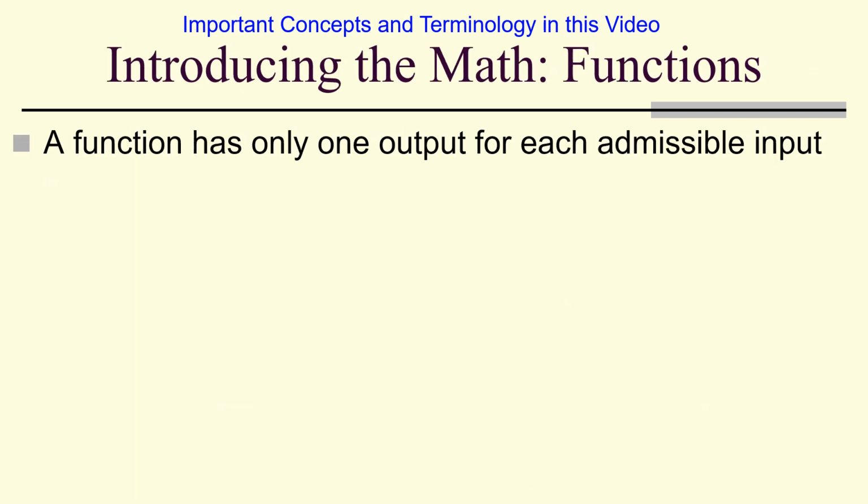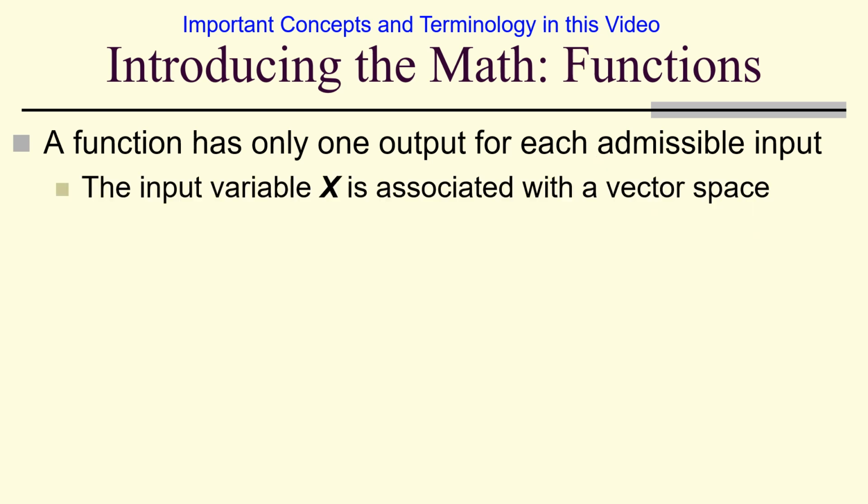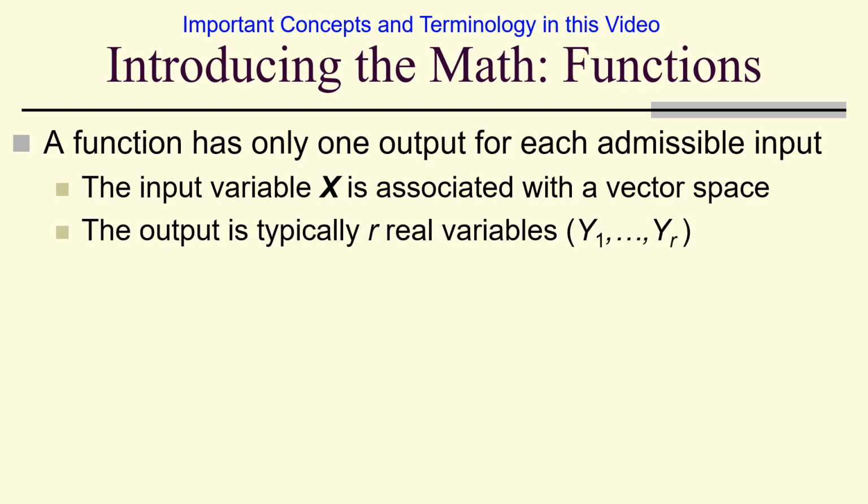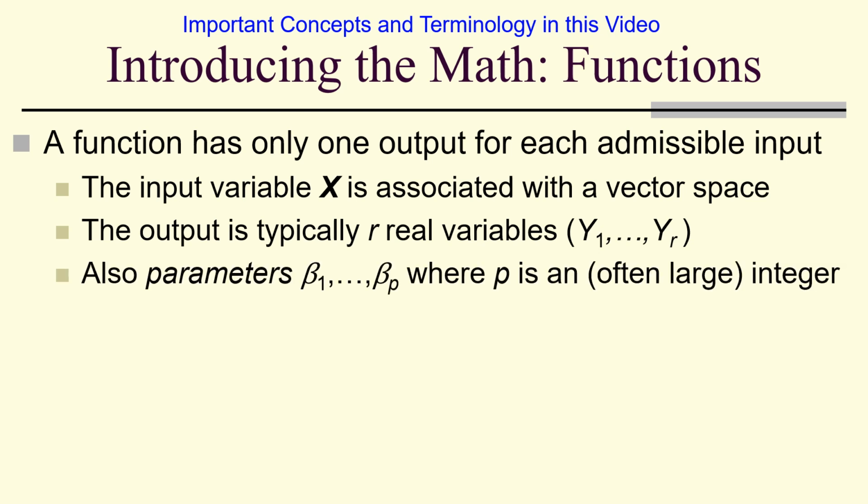A function has only one output for each admissible input. Those admissible inputs are known as the domain of the function. The input variable x is associated with a vector space. The output is typically r real variables y1 to yr.